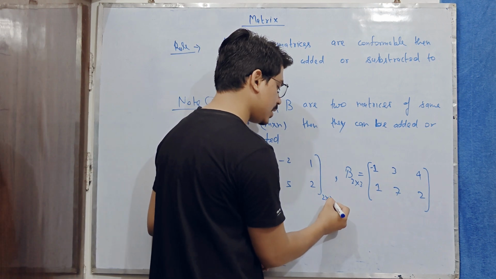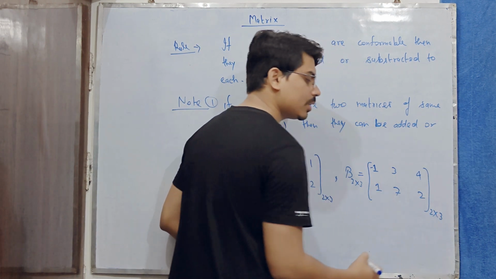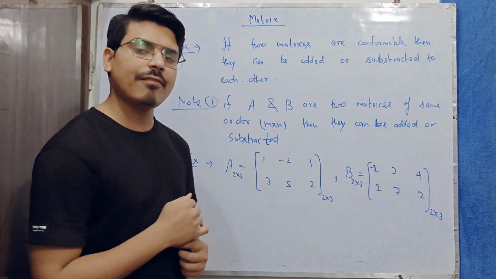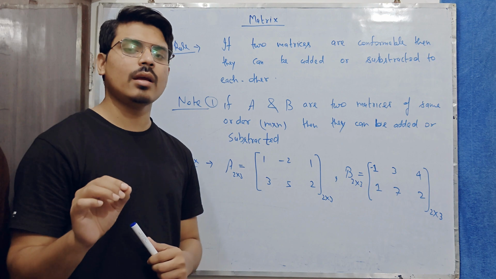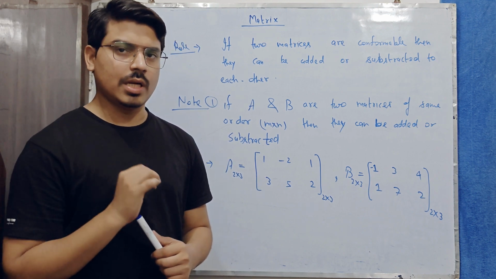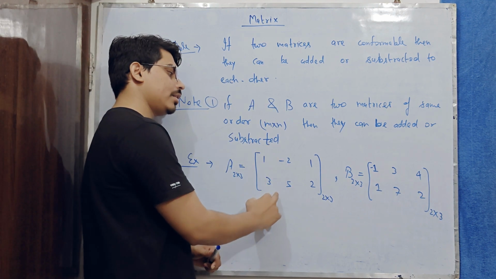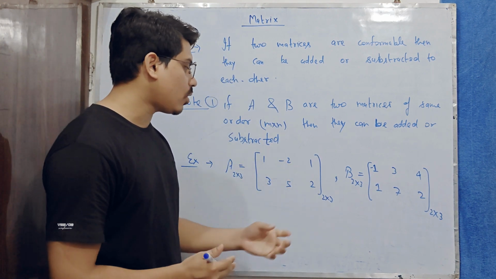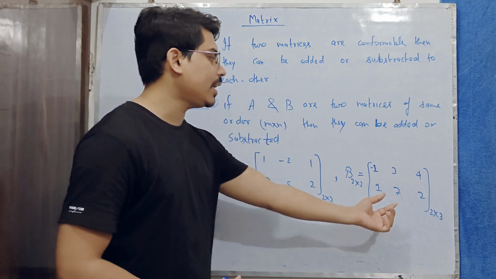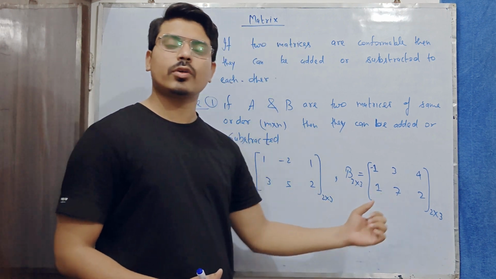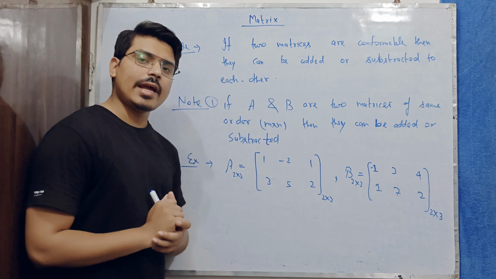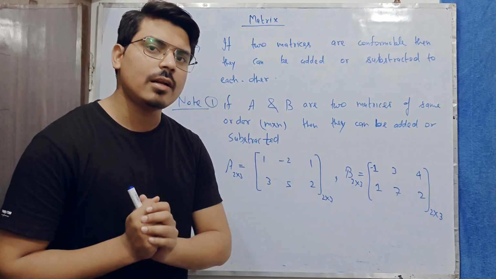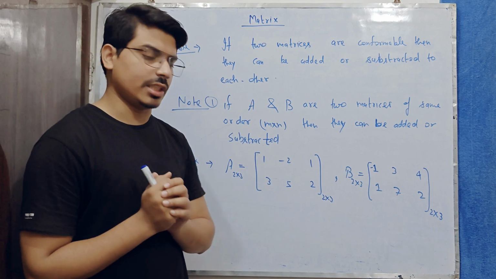You can watch in both these matrices order is 2 cross 3. How can you find the order of a matrix? You can count the rows and columns. Here 2 rows and 3 columns are represented in this rectangular array, so its order is 2 cross 3. Similarly, this matrix also has order 2 cross 3. Then you can say that both these matrices are conformable to add or subtract to each other.